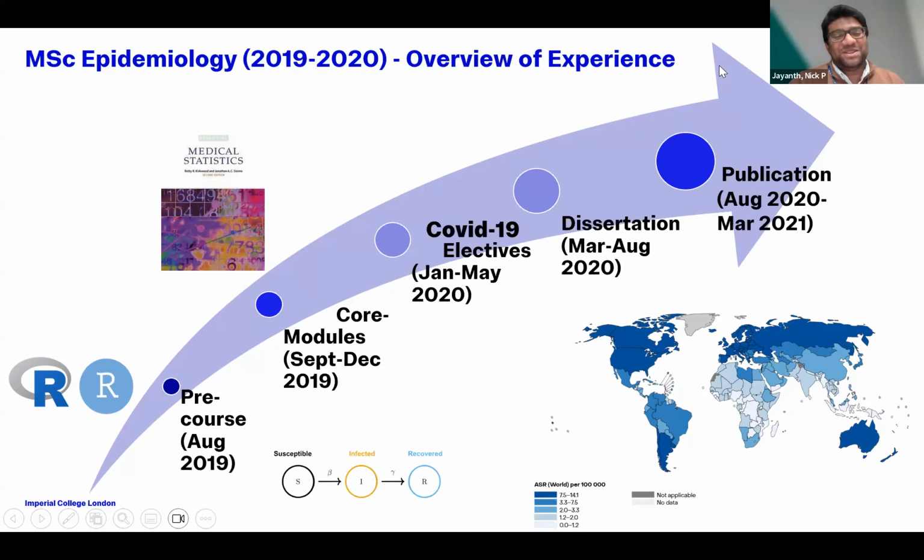September to December plunges you into all of the core modules, especially epidemiology and introduction to stats. That's why I put the medical statistics book over here, because that's something that we heavily rely on for the module. And it's a really great book that helped me throughout my program.